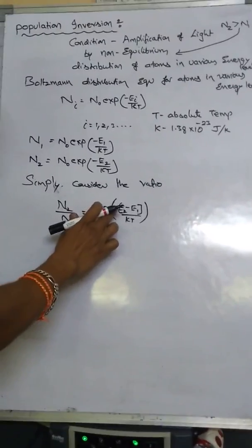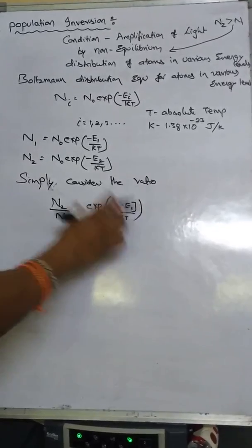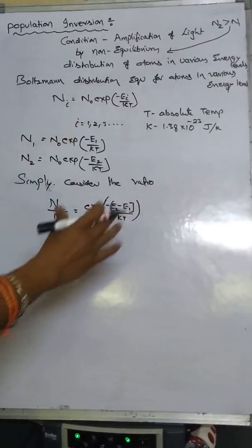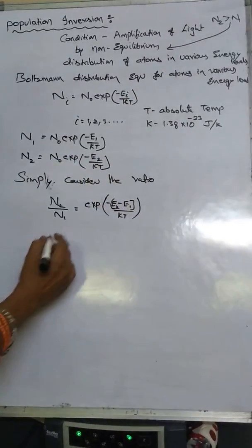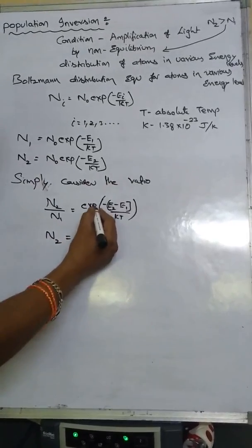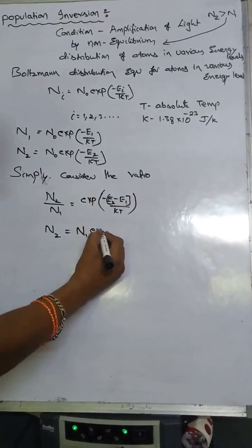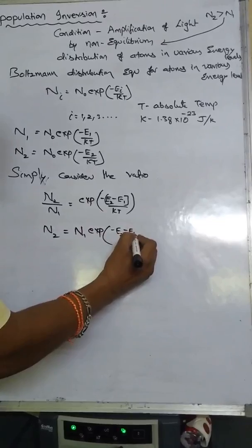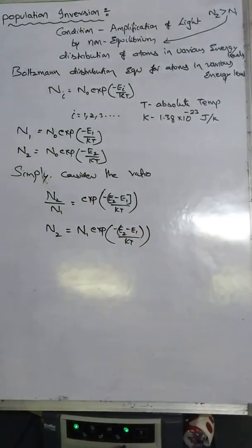The exponent term has a negative sign, and the maximum value of this exponent term most probably reaches 1. Then in this situation, I will write, therefore, n2 is equal to n1, and I cross multiplied, and this exponent term, therefore, is the exponent of minus (e2 minus e1) by kT under brackets.